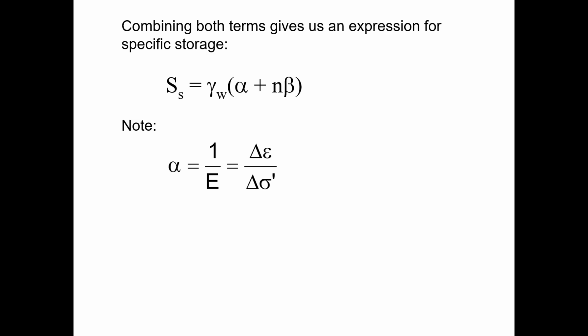The little epsilon term there is the strain. So the change in strain is a function of the change in effective stress, where that's strain and that's the modulus of elasticity.